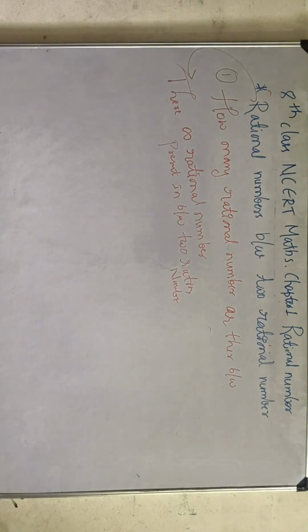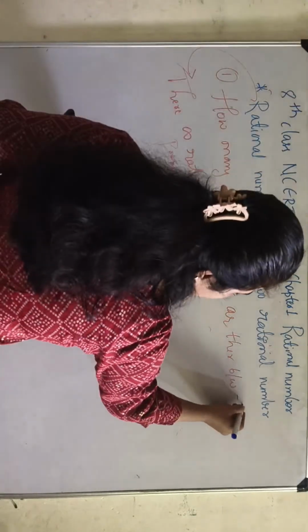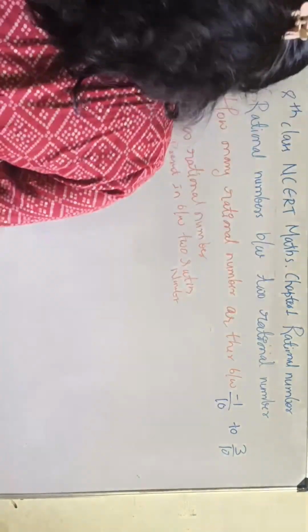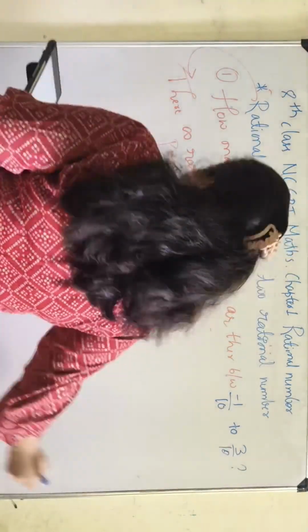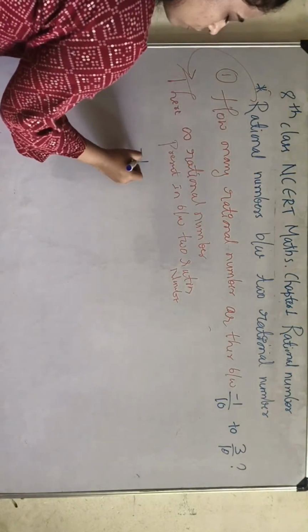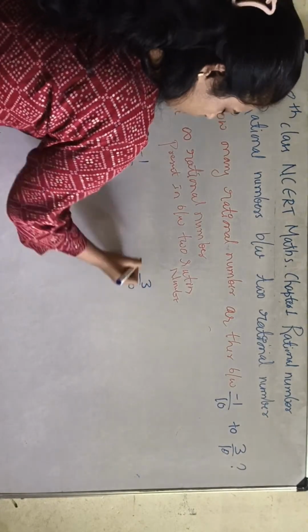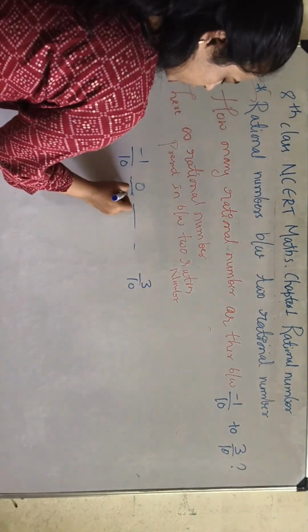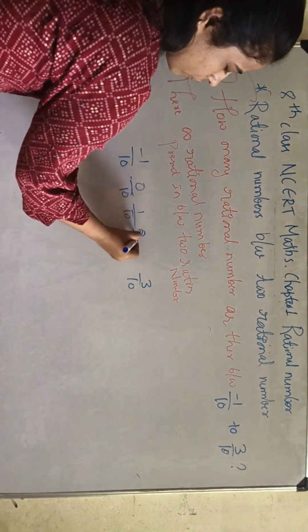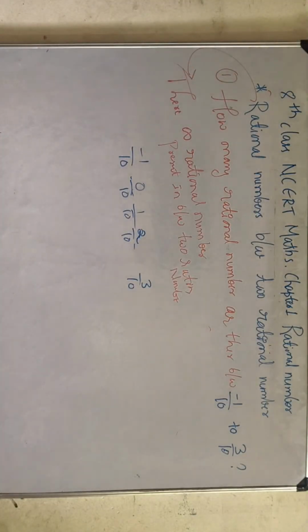How many rational numbers are there between minus 1 upon 10 and 3 upon 10? Obviously you will think, right, minus 1 by 10 to 3 by 10. You will write 0 by 10, or you will write 1 by 10 and 2 by 10. You will think like this, no? There are only 3 rational numbers present in between the 2 rational numbers. You will think like that, right?